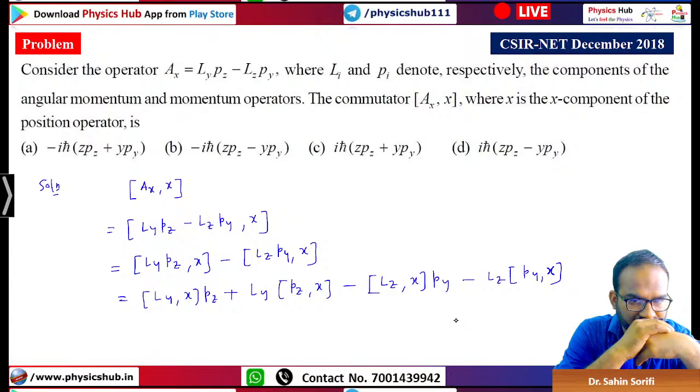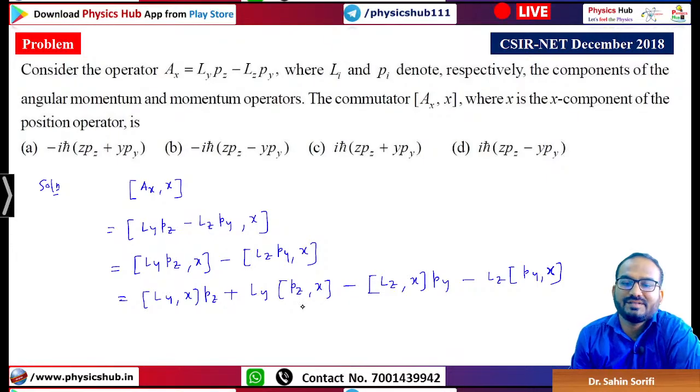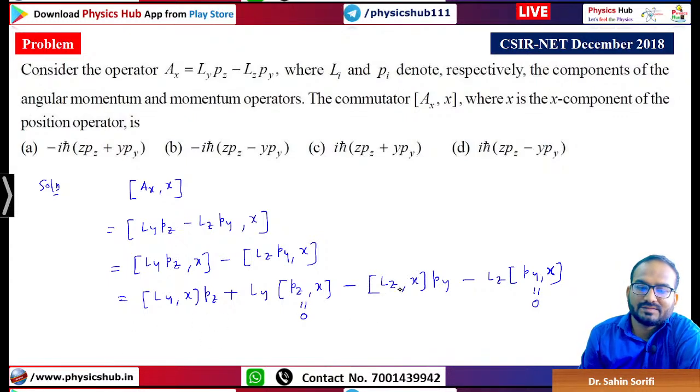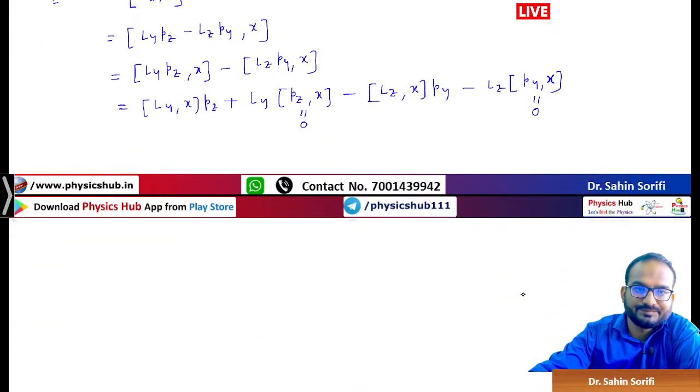Now you see Pz and x, they commute, right? And Py and x, they are also 0. So what you are left with is Ly x Pz minus Lz x Py. This one you are left with.